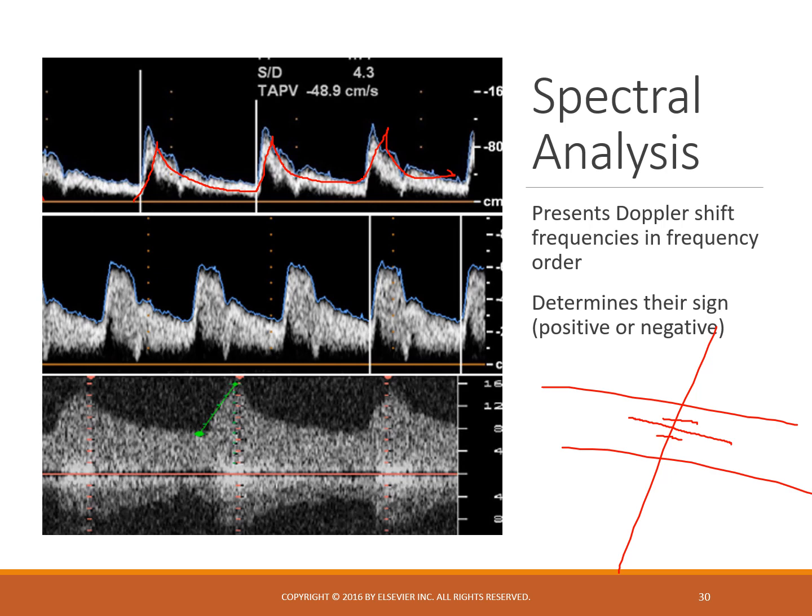And when blood is moving through the sample, it's not all typically going at exactly the same velocity. So for every moment in time, it's taking a velocity measurement across this area, and that measurement is going to have some varying velocities within it. At that moment, it takes its measurement and draws a line from the maximum velocity to the minimum velocity taken at that moment.